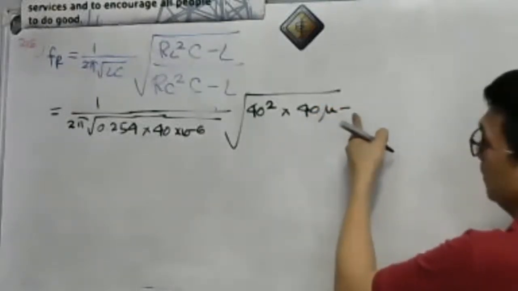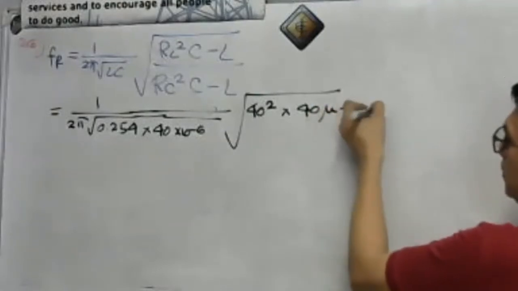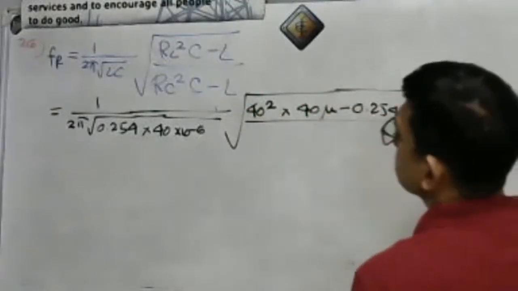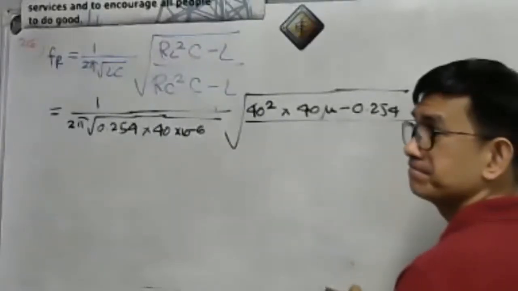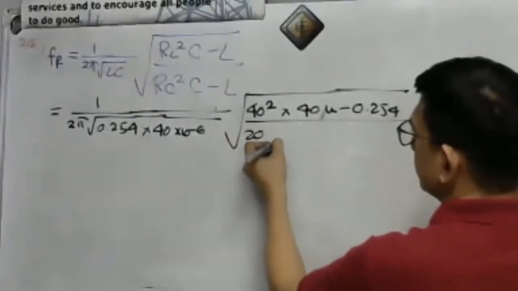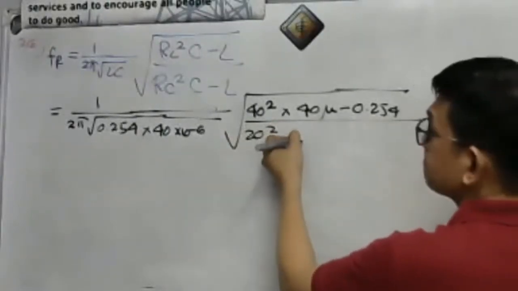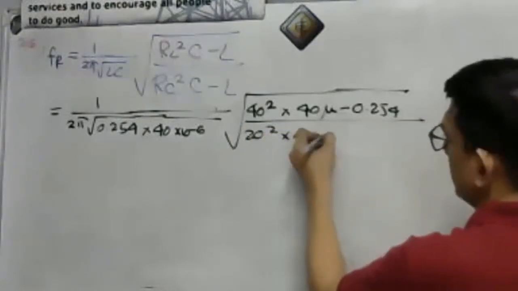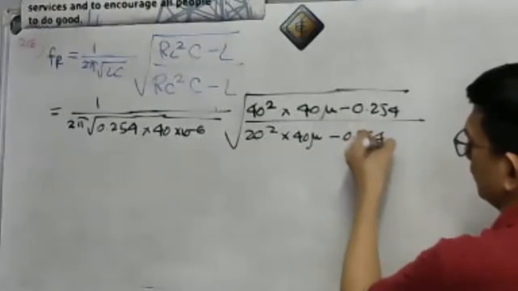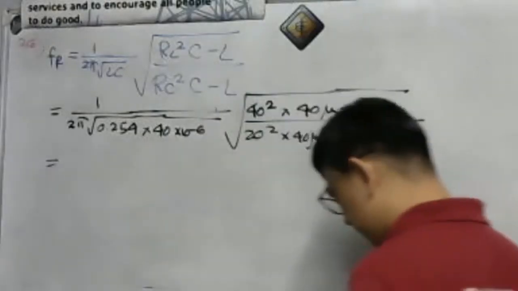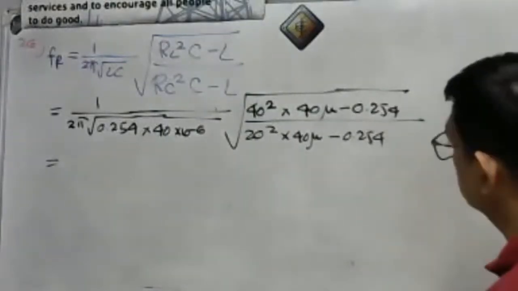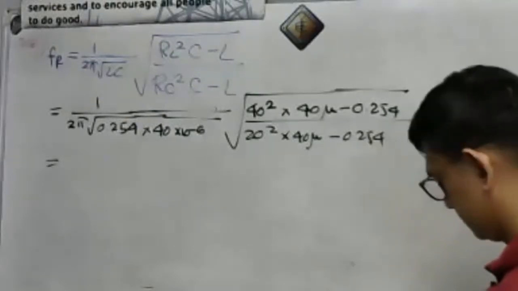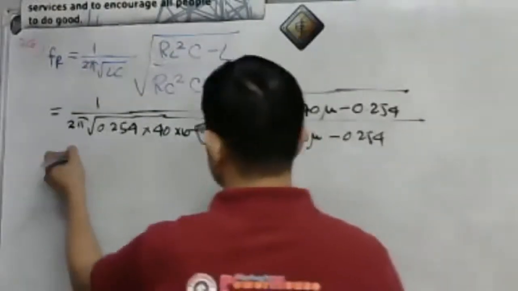So, we have here 0.254. RC, 20 squared times 40 micro minus 0.254. I'll just give you the final answer for this. .6 hertz.